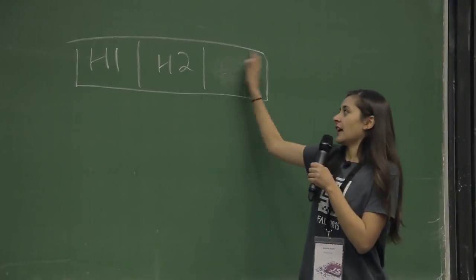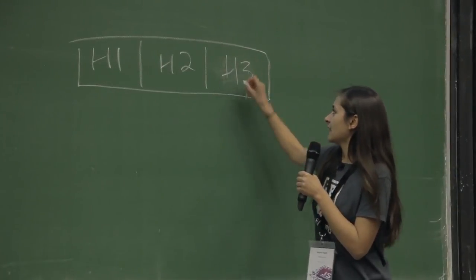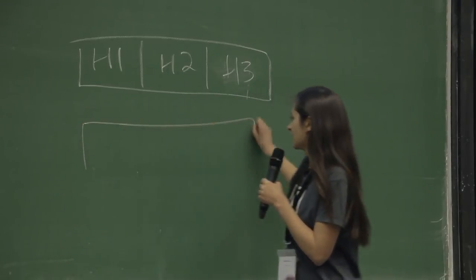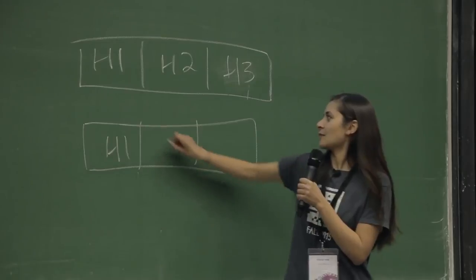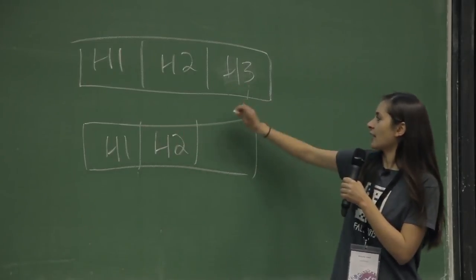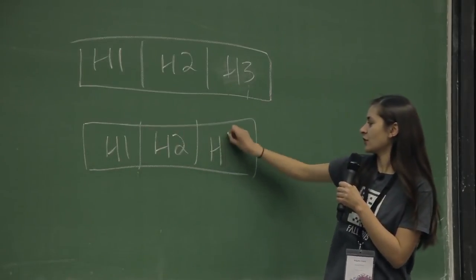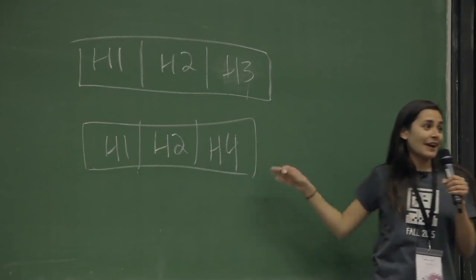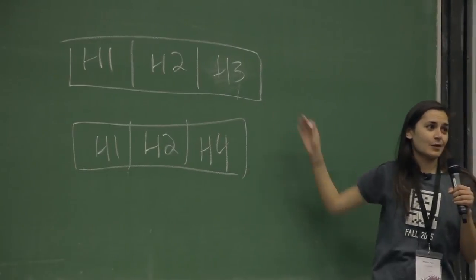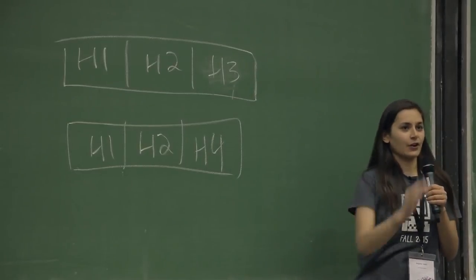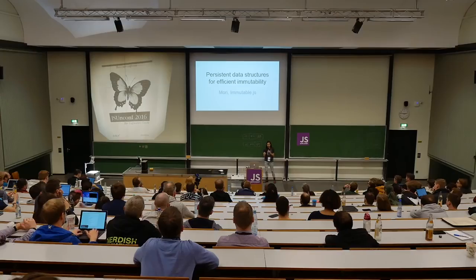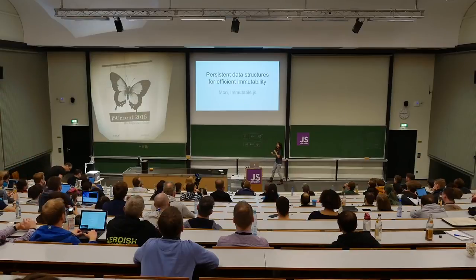So instead, if I copy it over into a new array, I copy H1, I copy H2, and instead of copying H3, I put in H4. Great, but now I have to store two arrays, taking up a lot of time. Look how long that took me to do all of that. Terrible, right? I know you guys feel as upset about this as I do. I can see it in your faces.